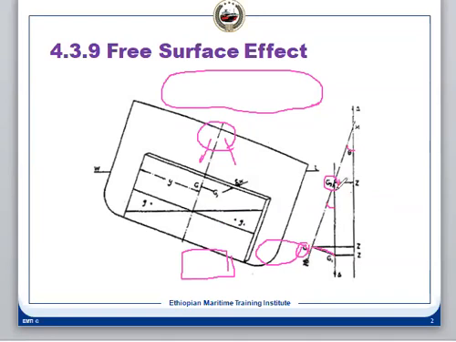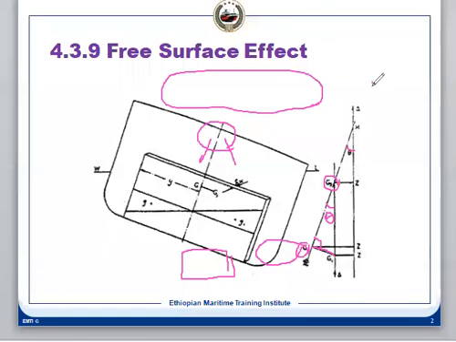G2, we can write, because this is 90 degrees, tan theta is equal to G1 divided by G2. So G1 is equal to tan theta G2. Isn't it? Have you understood? This is theta. This is G. This is G1, G2. This is G1.